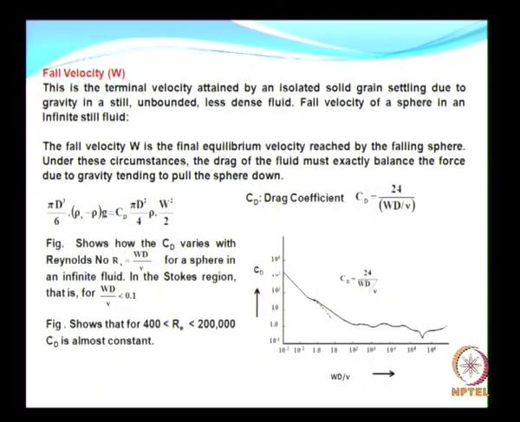Under these circumstances, we are trying to find out the fall velocity of a falling sphere. The drag of the fluid must exactly balance the force due to gravity that is trying to pull down the sphere. So when you equate these two, this is the drag force and this is the force due to the falling sphere.